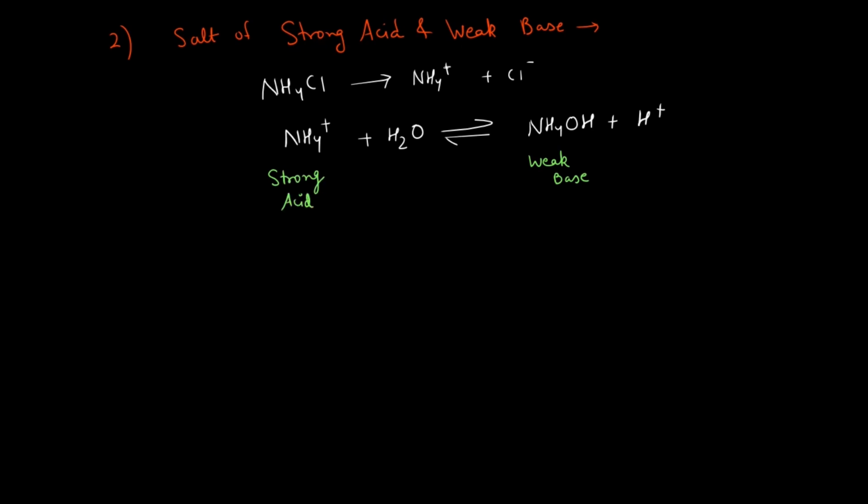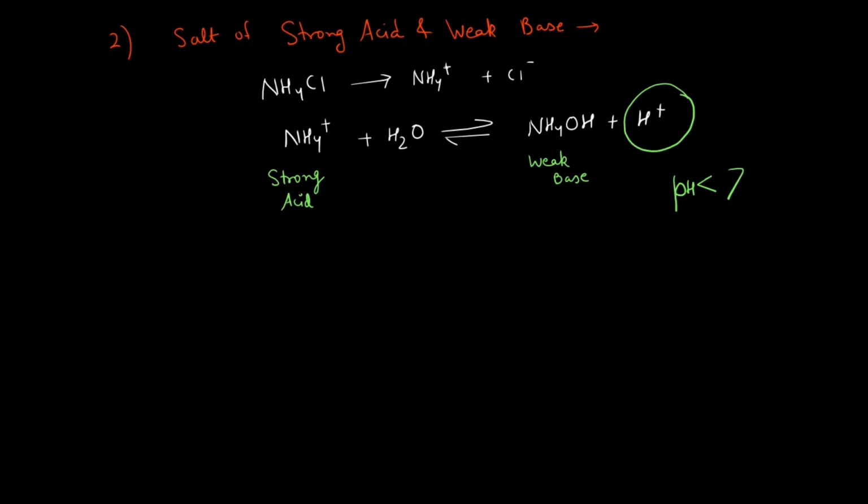And we know that in an equilibrium, the equilibrium lies towards the weaker conjugate, so equilibrium will be towards the right hand side, towards the product, and therefore we will have more concentration of H plus ion in the solution, which will make the solution acidic. So pH of the solution is going to be less than 7.